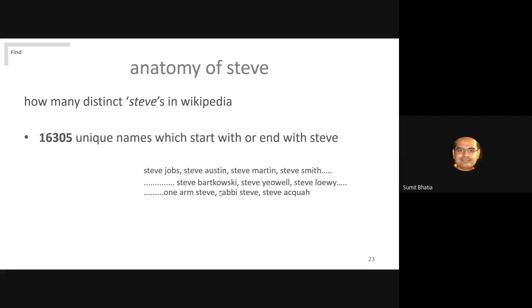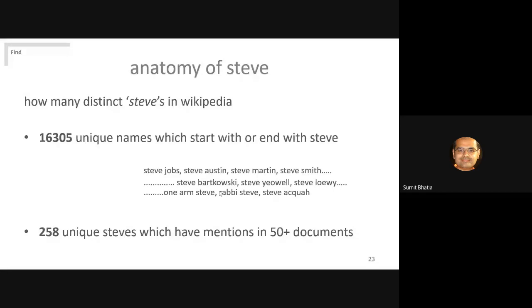So there will be Steve Jobs, Steve Austin, Steve Martin, Steve Lowy, Steve Aqua, all these people that have Steve in their name. And there are at least 258 persons called Steve that are actually mentioned in more than 50 documents in Wikipedia. So they are fairly popular entities, right?